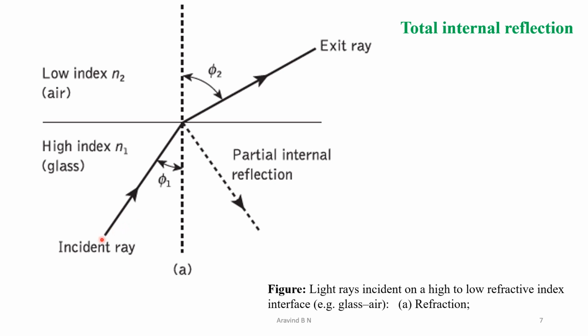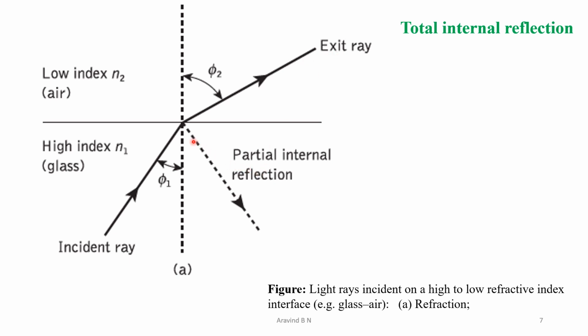When the ray of light is incident at the interface of these two layers of different refractive index, the angle of incidence is phi 1, the angle of refraction is phi 2, and the ray of light will not come back; rather it will get refracted into the other medium. This is called the exit ray.